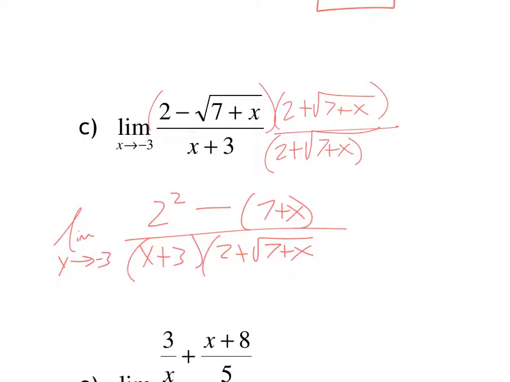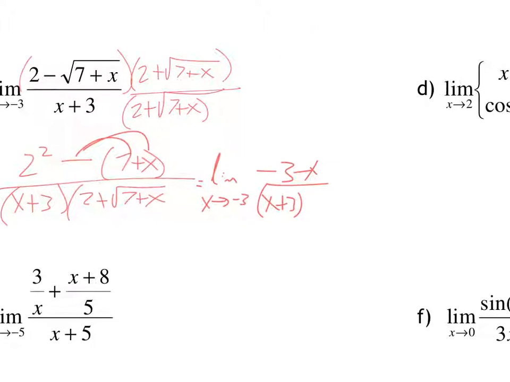So we have 4 minus 7, this gets distributed, 4 minus 7 minus x, and we still have our limit here. That's going to be a negative 3 minus x all over x plus 3 times 2 plus the square root of 7 plus x.